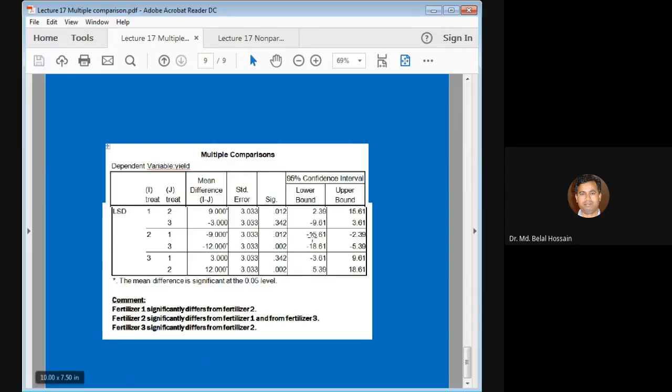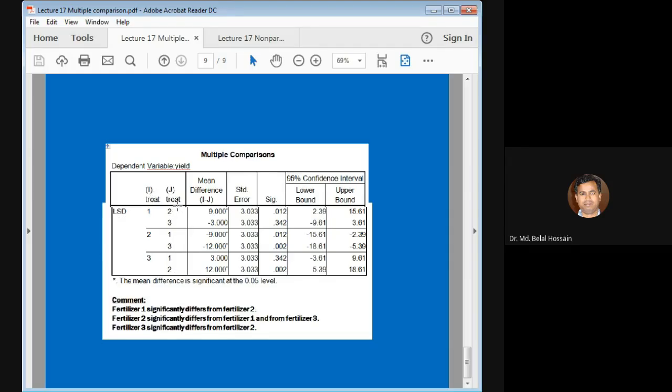We calculated this multiple comparison, that is LSD, using the SPSS software. You will produce that manually in hand using the formula I showed you just few minutes ago. So that is I, that is Z. Okay, these are the groups you have.